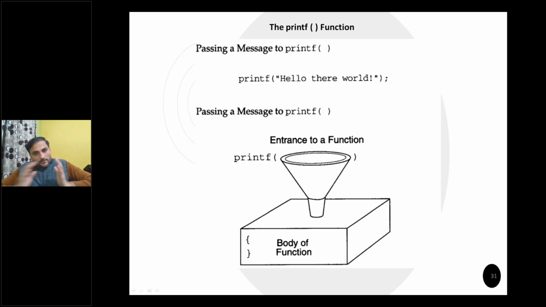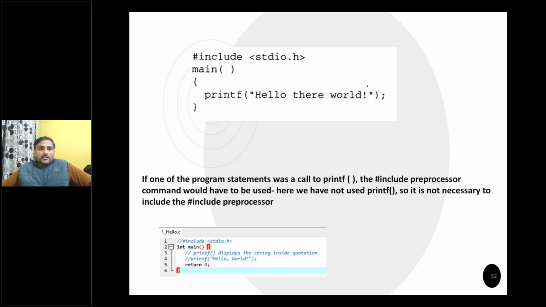Now gradually we are coming to our program, how we are going to write it. We have seen the main function. Now we have seen this printf function. So gradually we are moving towards writing our first program, right? Now the very simple first program, we have written 2-3 lines here.